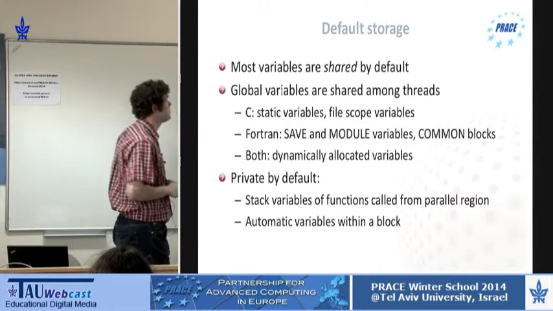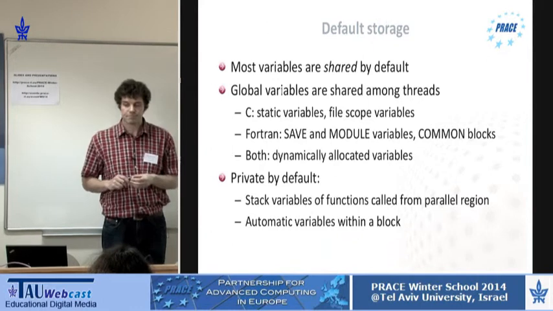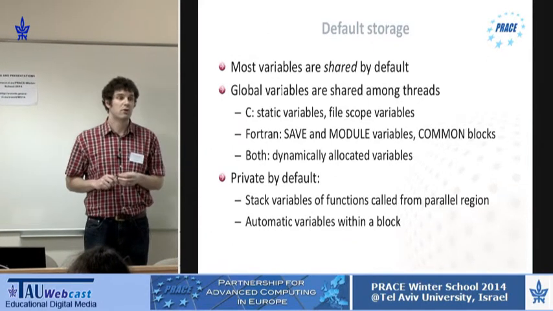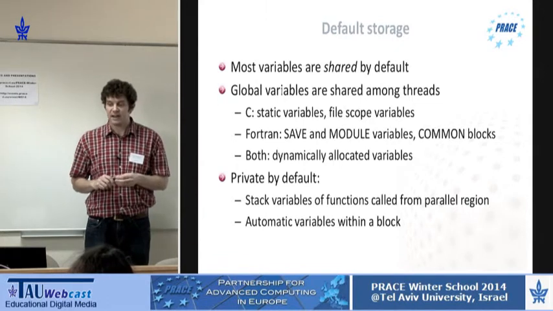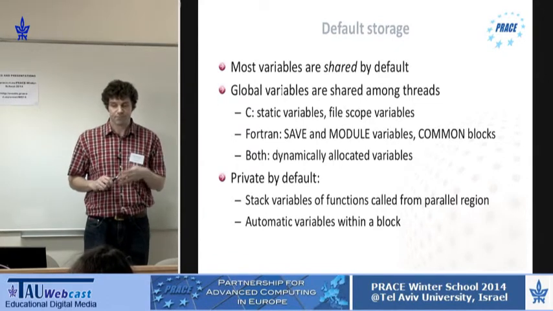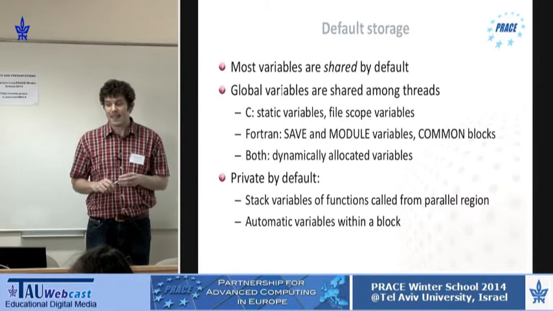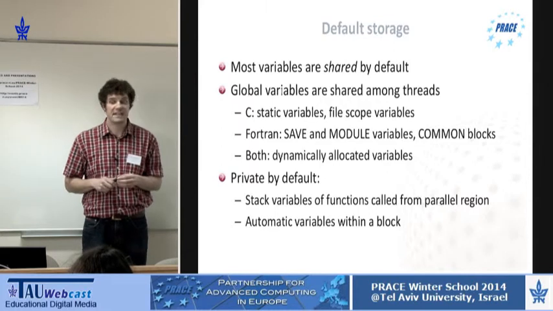By default, most variables are shared. Global variables are always shared. Also, any static or file scope variables in C are shared. In Fortran, module variables, and in both languages, dynamically allocated variables are shared.